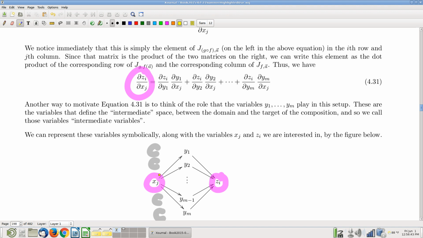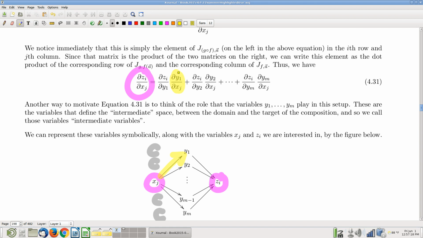So, for example, when xj changes, that's going to cause y1 to change by some amount. y1 is a function of all these variables, including xj, and when I change xj, y1 changes a little bit. I compute the partial of y1 with respect to xj. That is the factor you multiply by to get how much y1 changes.